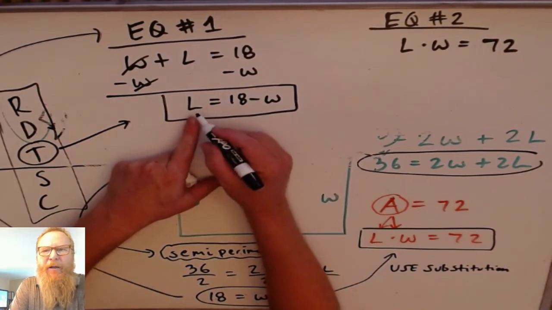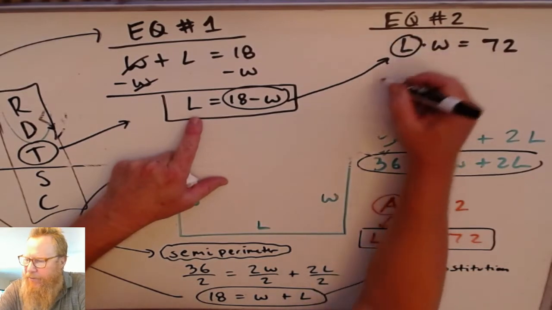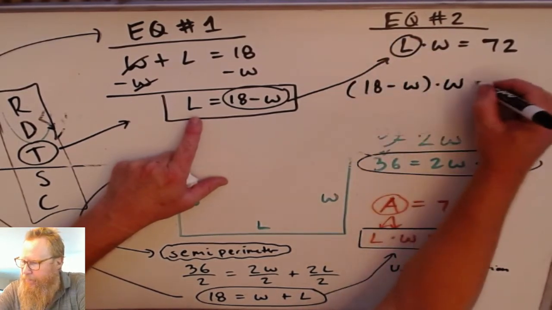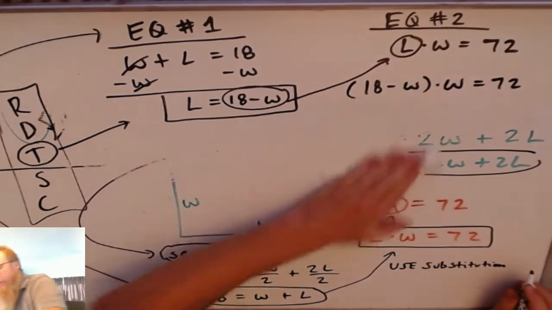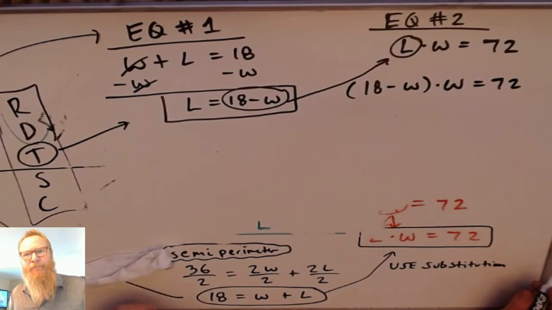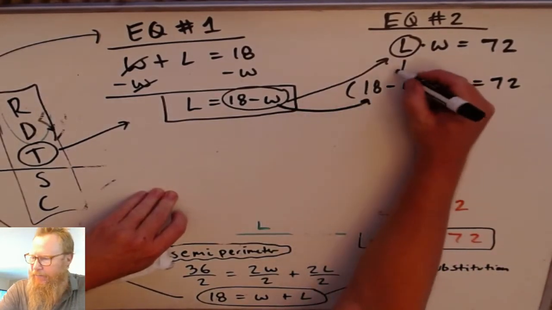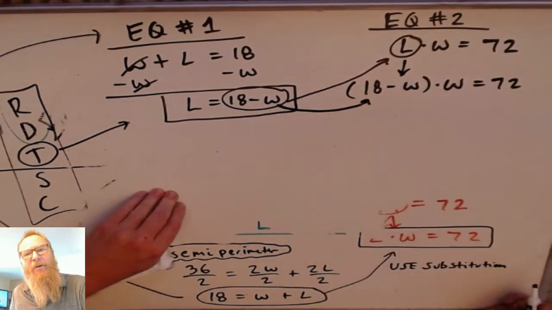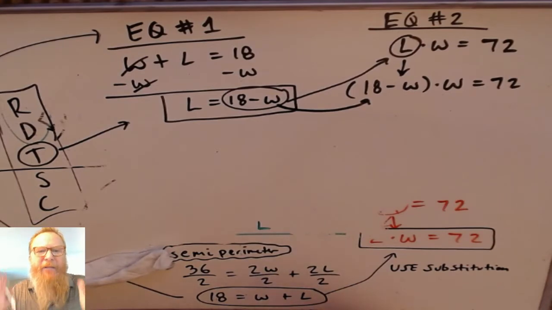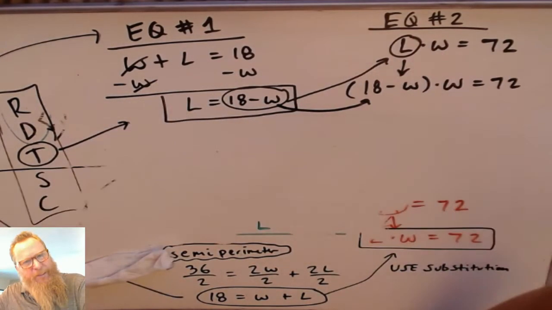I picked L, and now I'm going to plug this in where the L used to be. So that is L. L is now gone. Now you really have to make your decision and then stick with it. So if you choose L, then L will disappear.